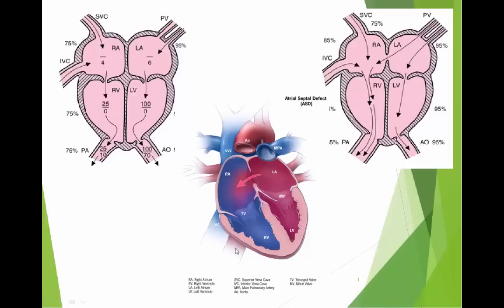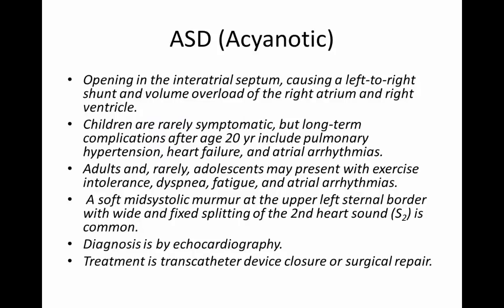Atrial arrhythmias will occur, such as SVT, atrial flutter, and atrial fibrillation. Ultimately, when the patient has increased pulmonary artery pressure and vascular resistance, and the pressure increases in the right ventricle, you might have bidirectional shunting, which is called Eisenmenger reaction. As for symptoms, most patients with small atrial septal defects are completely asymptomatic.